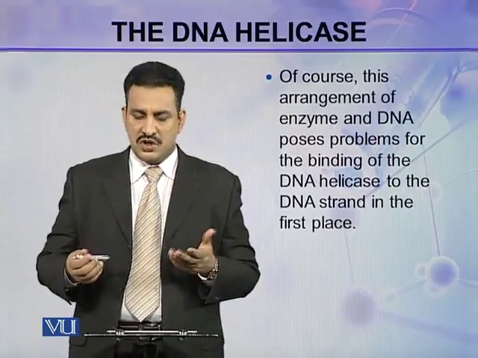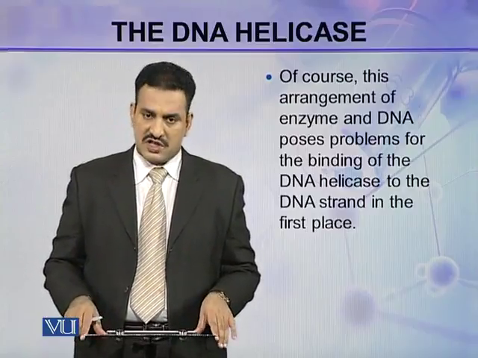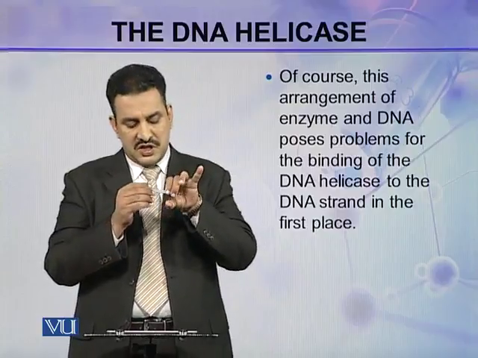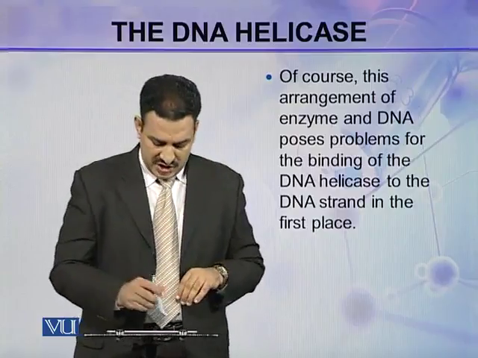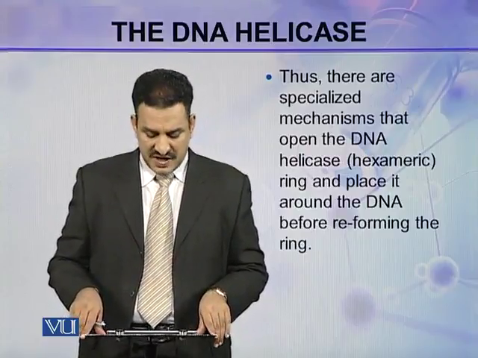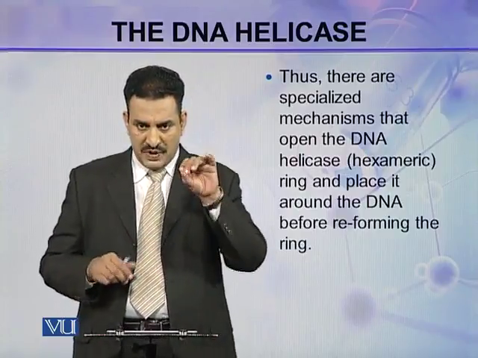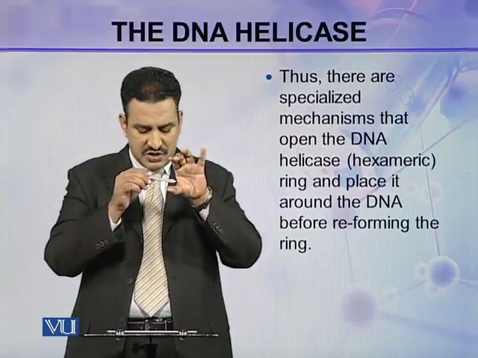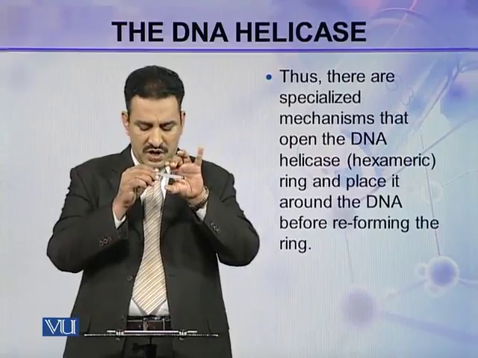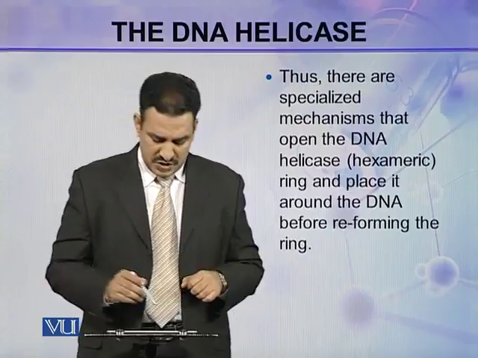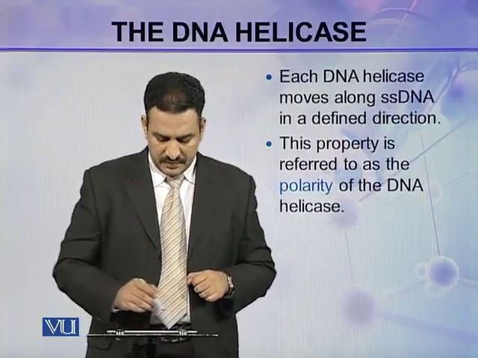That can be explained, but how does it encircle the strand for the first time? There are some specialized mechanisms that open the DNA helicase hexameric ring and place it around the DNA before reforming the ring.